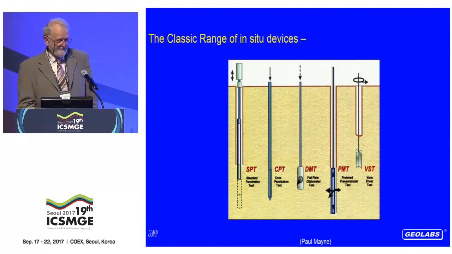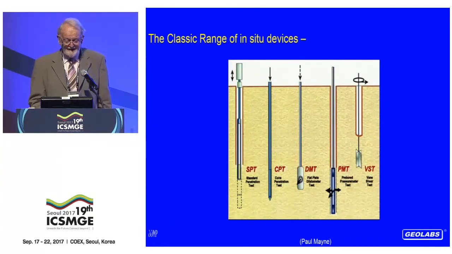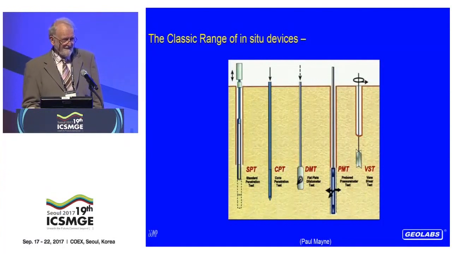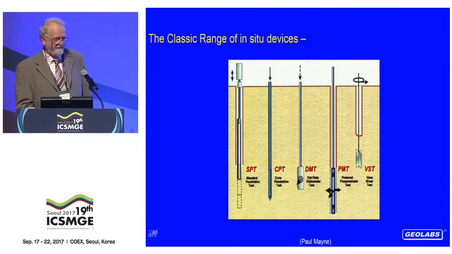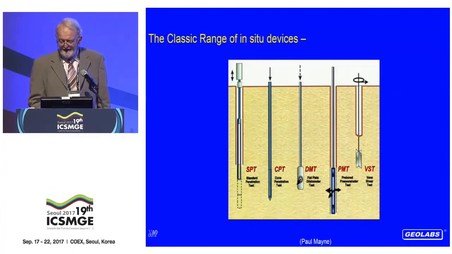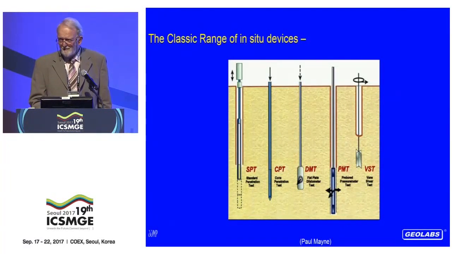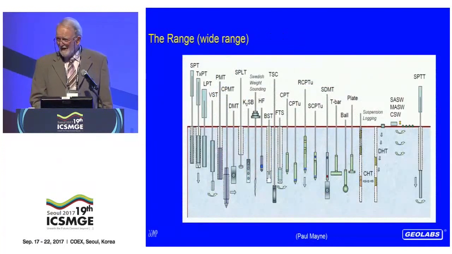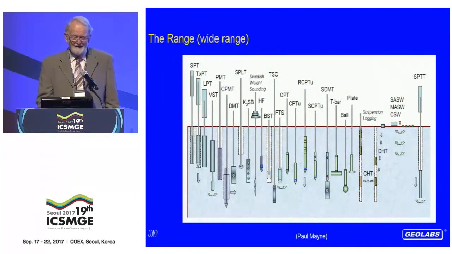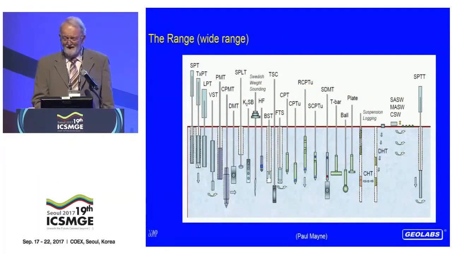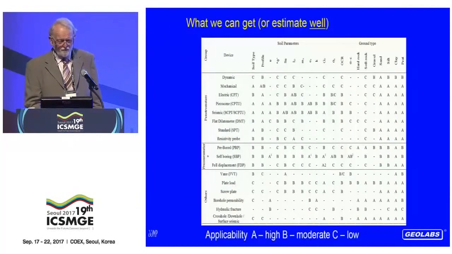The Marchetti dilatometer, which we'll hear more about, that is growing in popularity. Pressure meter tests, putting rubber bags into the ground and expanding them laterally. And also the vane test, which has been used for so long. Those are probably some of the classical tests, but there's a lot more.